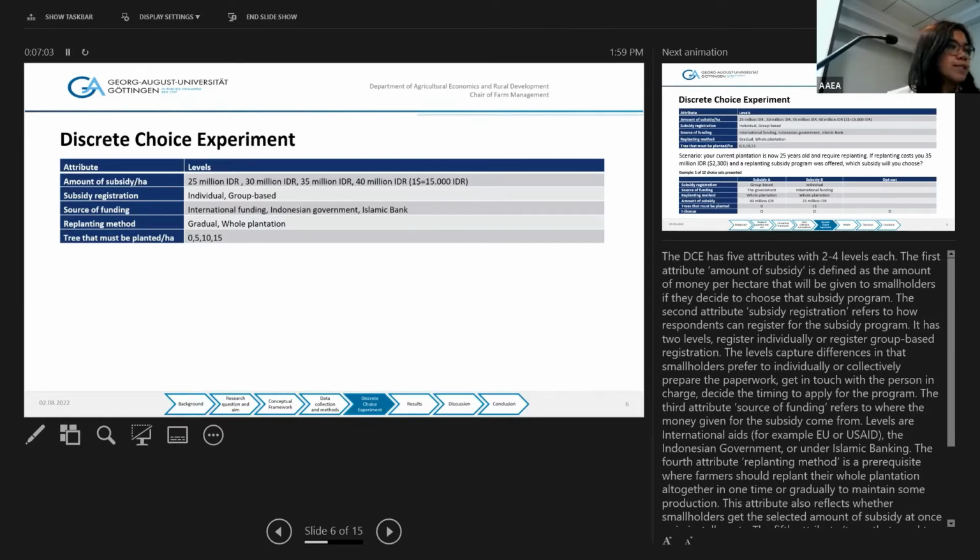After 2 pre-tests, literature reviews, and online focus group discussions, we chose these 5 attributes and levels. The 5th attribute, trees that must be planted, is something like a trade-off, because in the real replanting subsidy program happening right now, there's no trade-off attribute. I'm curious whether the farmers, if they can get subsidy money, would diversify their oil palm plantation, because most of them are currently monoculture.